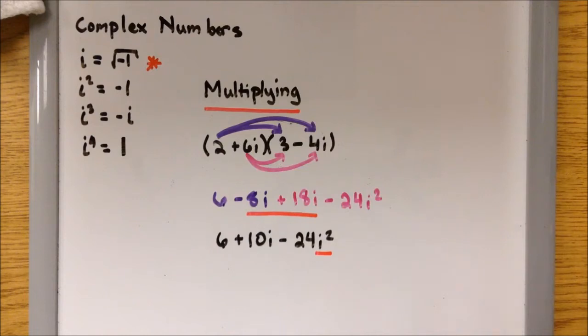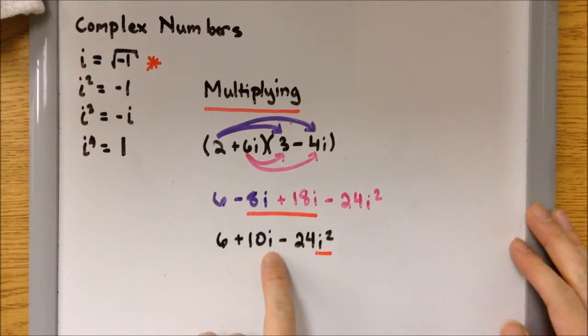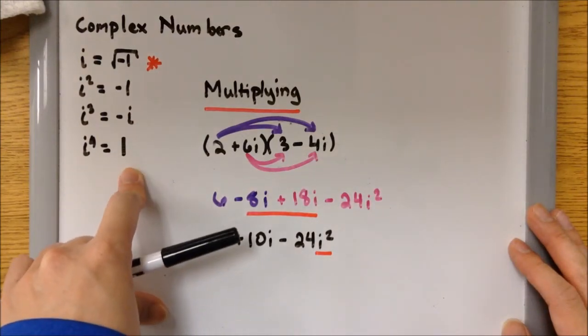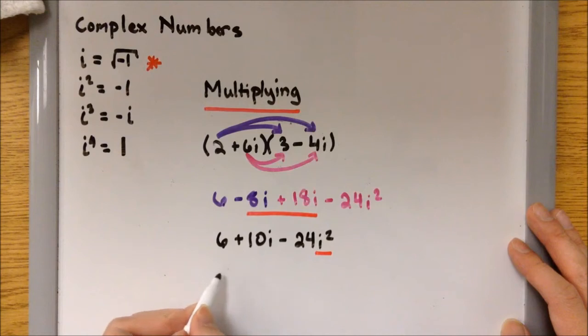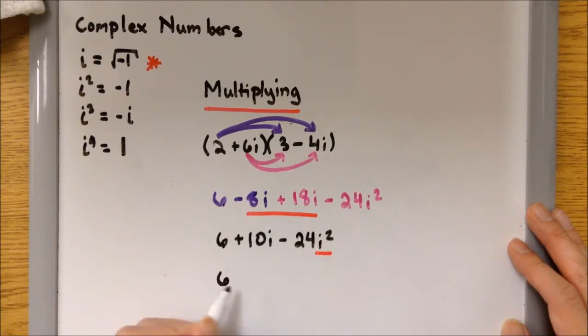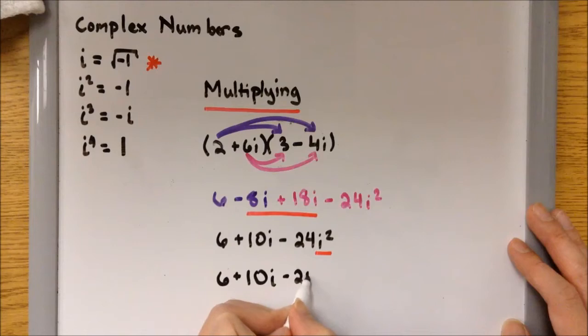So when you're simplifying, you want to get it down to where you only have i's, or when it's i to the 4, you set it equal to 1. In this case, the only thing I'm changing is the i squared. So 6 stays the same, plus 10i stays the same, the minus 24 stays the same. Now i squared will change to negative 1.